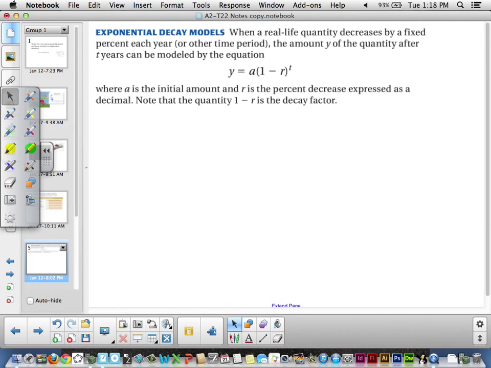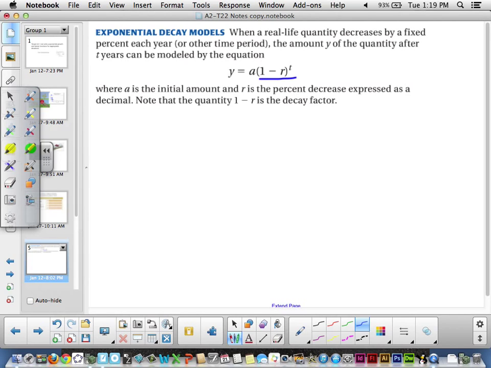The exponential decay model is a lot like the exponential growth model, except instead of adding a rate, you're subtracting a rate. That should make sense because if you want to go down, you subtract a percentage. So when a real life quantity decreases by a fixed percent every year or any other time period, the quantity after t years can be modeled by the equation y equals a times 1 minus r to the t.